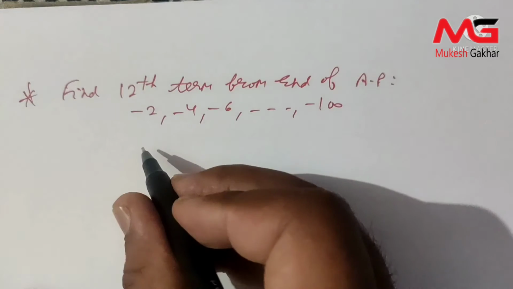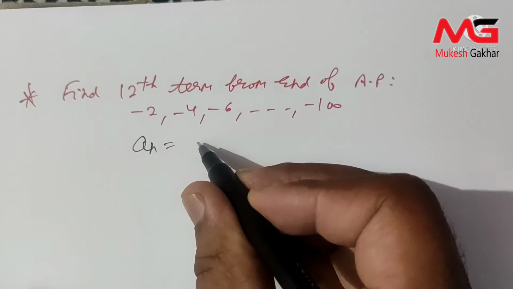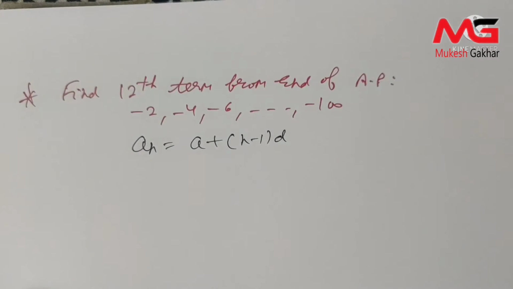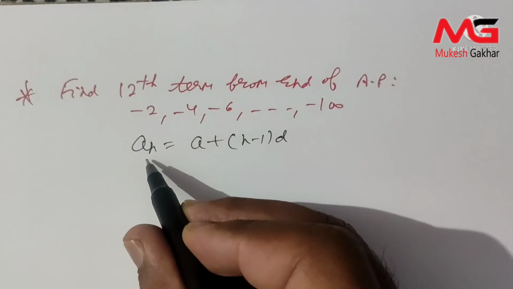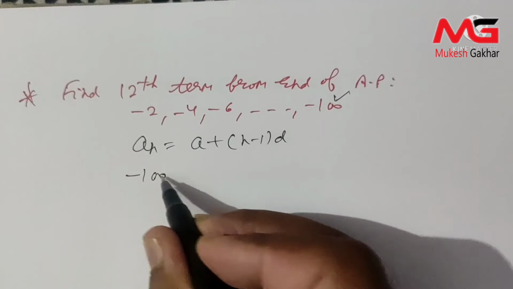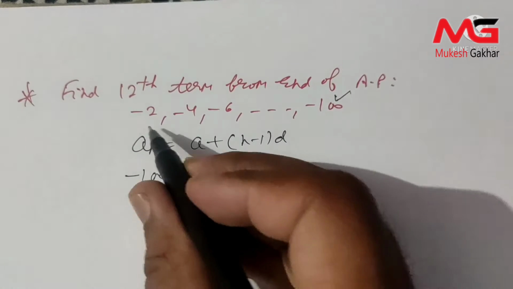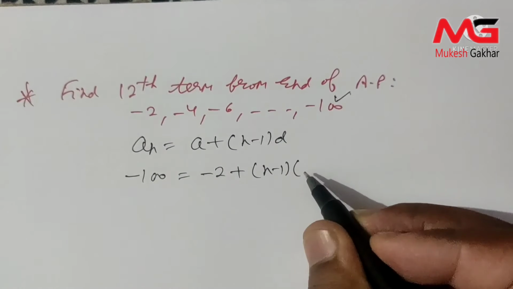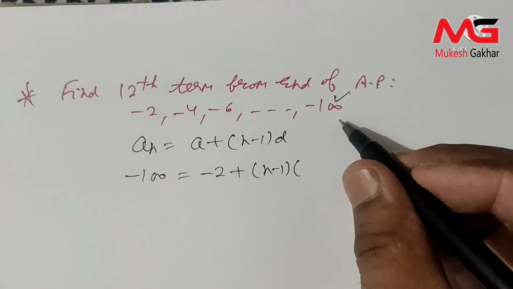We'll use this formula: An is equal to A plus n minus 1 into D. What is the value of An? An is always the last term. The last term is minus 100. So minus 100 is equal to, what is the value of A? Minus 2 plus n minus 1 into, what is the value of D? You have to find out yourself.